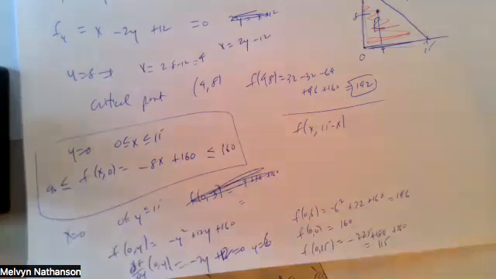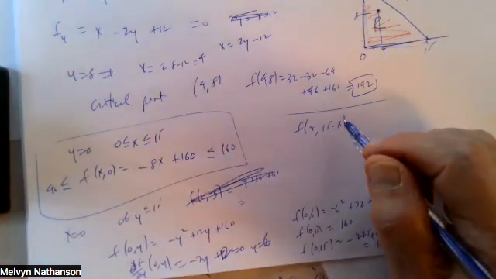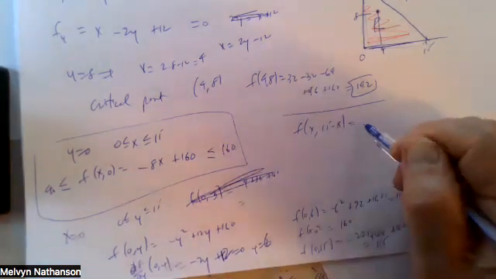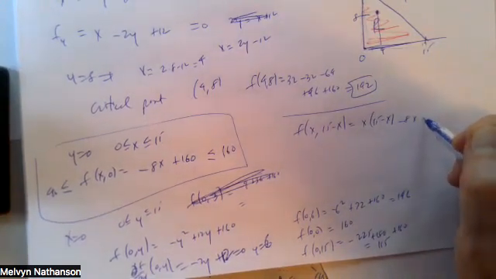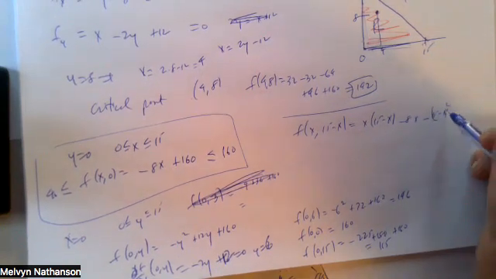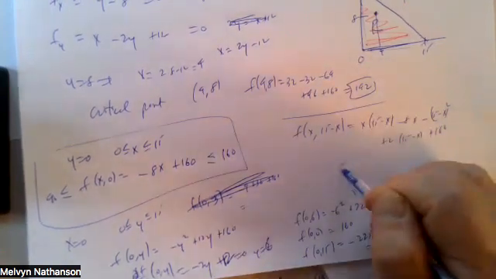So if you substitute this into my function, this is xy, x times 15 minus x, minus 8x minus y squared, 15 minus x squared, plus 12 times y, which is 15 minus x, plus 160.